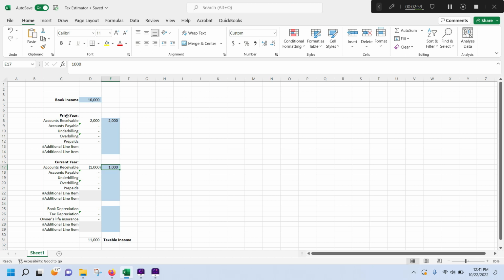So from book income to this tax income is an addition of $1,000. So at that point, we are adding to our book income for the difference in accounts receivable. And again, the reason why we subtract current year is because we want to carve out any of the activity in the current year and add back what we didn't take credit for in the prior year.